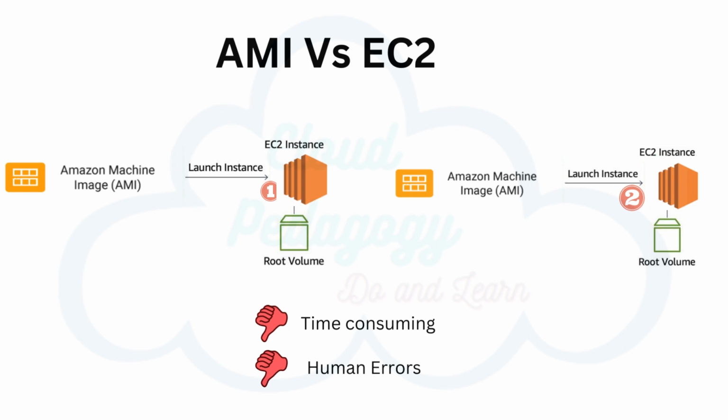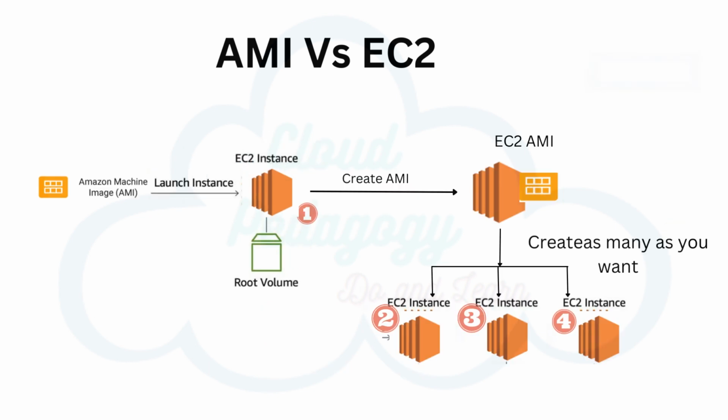However, this is time consuming and leaves room for human error. The second, better option is to create an AMI from your running instance and use this AMI to start a new instance. This way, your new instance will have all the same configurations as your current instance because the configurations set in the AMIs are the same.